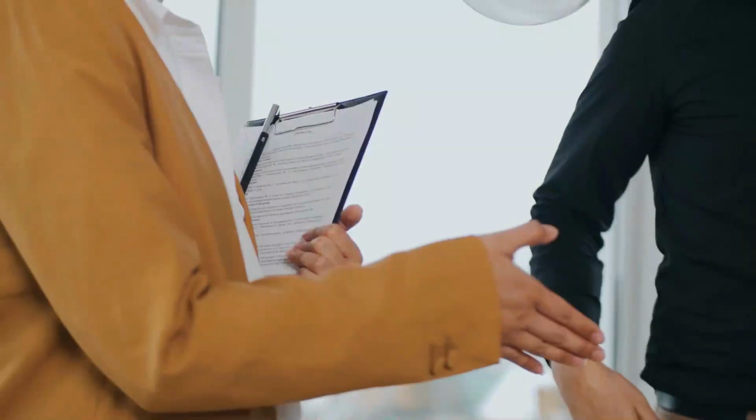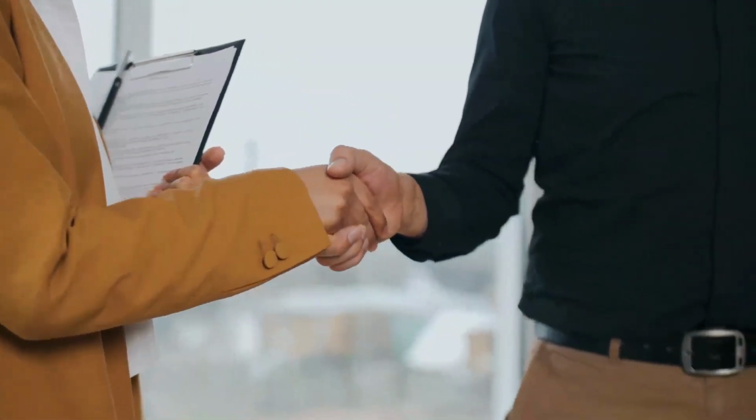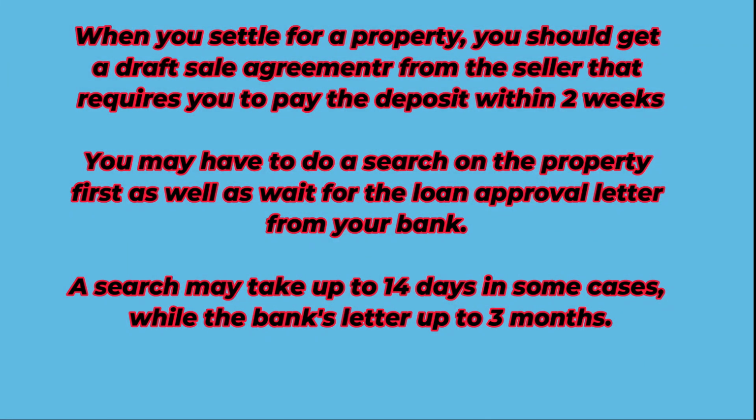Then you also want to try and reduce any kinds of delays. Say there are certain documents that are required urgently, for instance searches. If you apply for a search online, it might take longer.